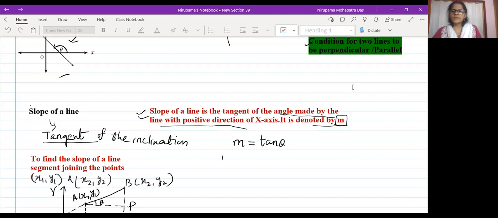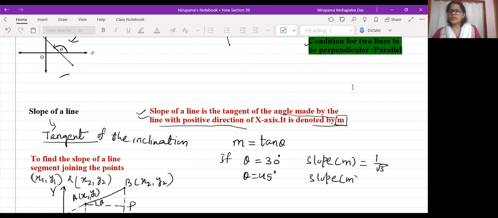So it means if inclination theta equals 30 degrees, slope m equals tan 30 degrees, which is 1 by root 3. Similarly, if theta equals 45 degrees, slope of the line is tan 45 degrees. If theta equals 135 degrees, slope m equals tan 135 degrees.